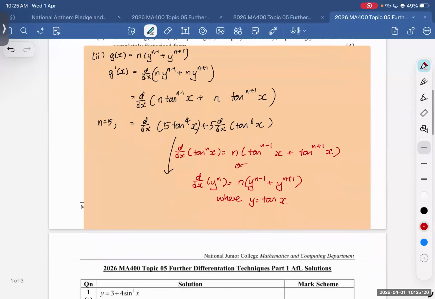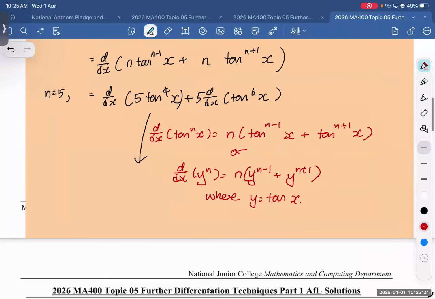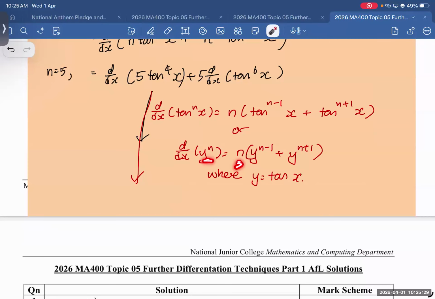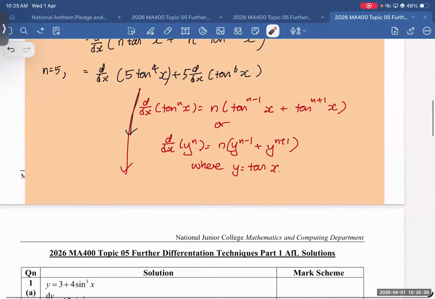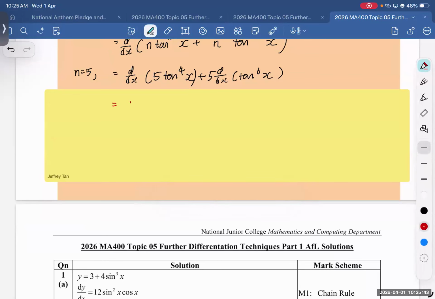Is that okay? So I go to the question. In this case, you substitute n to be 4. Here, you substitute n to be 6. After which, I write down my formula. What will this give me? The left-hand side, let's call this y power 4 and this y power 6.